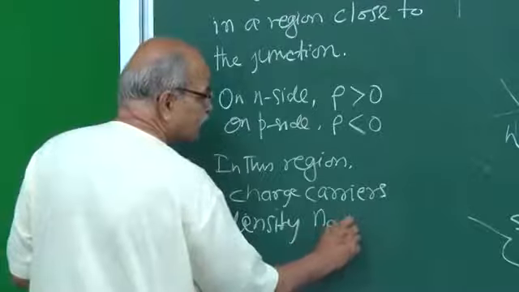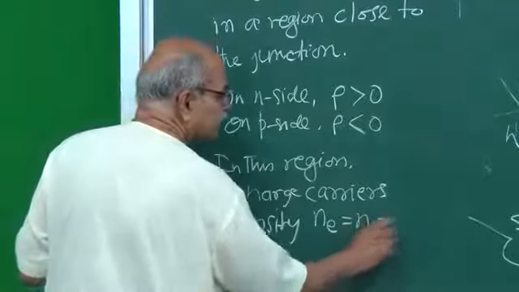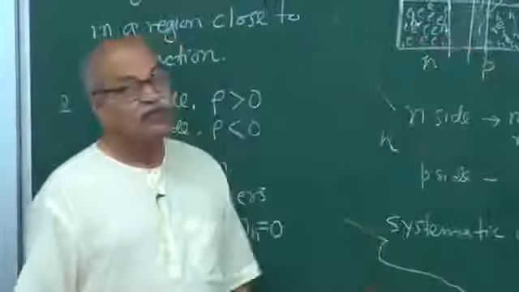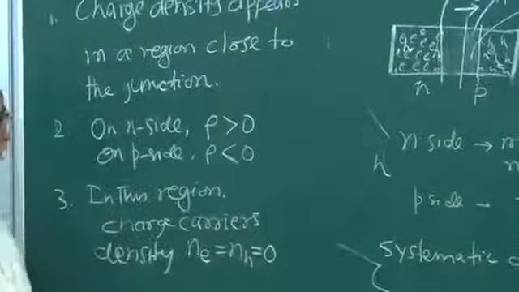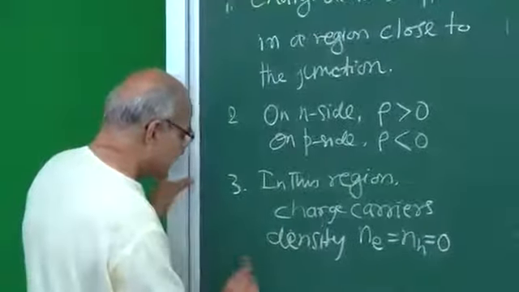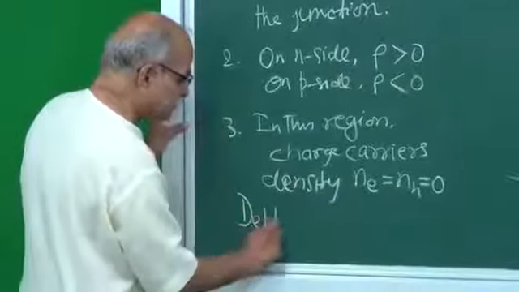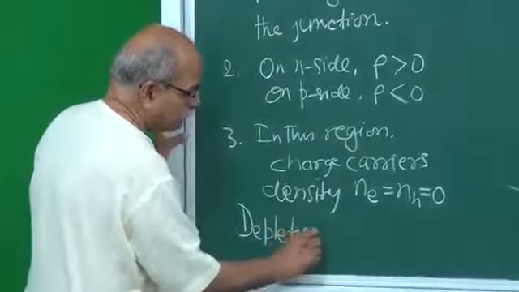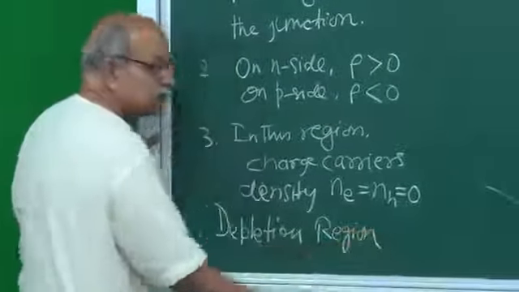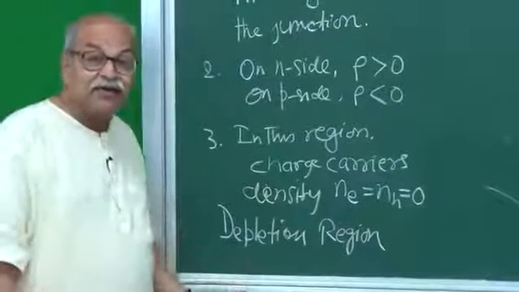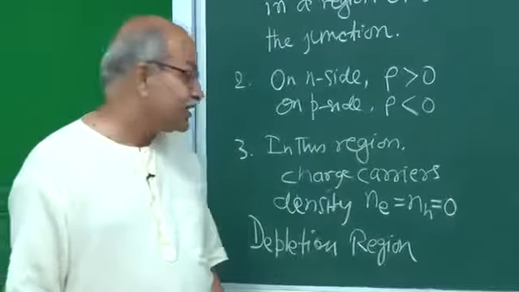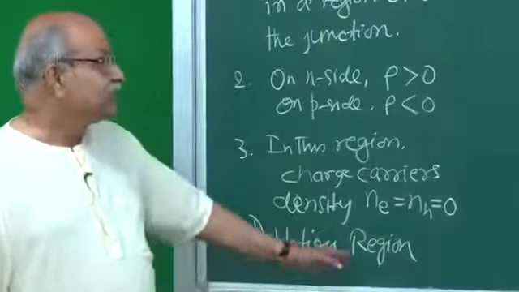Ne and Nh, they become 0 only in this region. Okay. So this particular region is known as the depletion region. This is called the depletion region. This is the region which is depleted of charge carriers. It does not have charge carriers. That is why it is known as the depletion region.